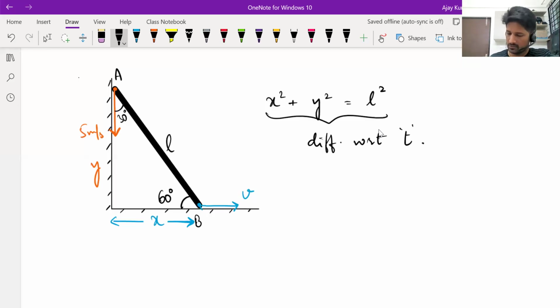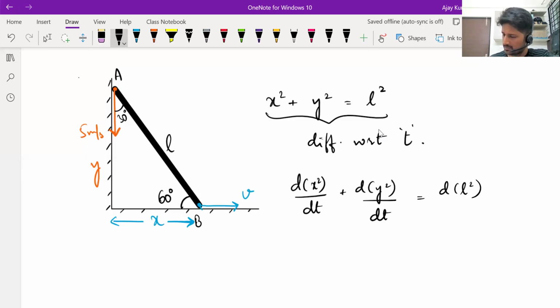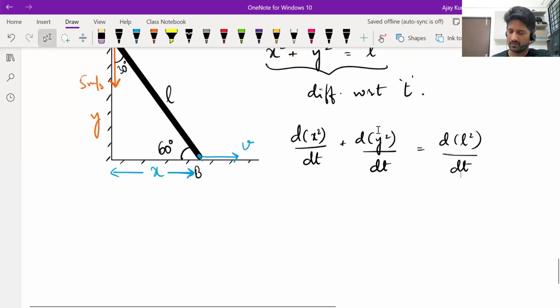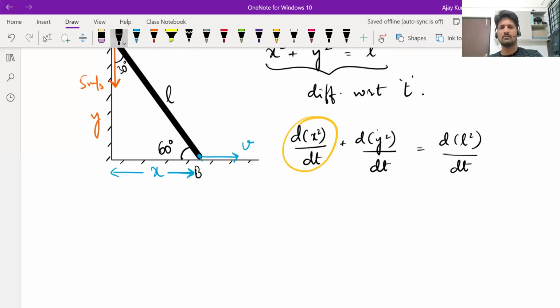The derivative of x squared with respect to time plus the derivative of y squared with respect to time will be equal to the derivative of L squared with respect to time, because x squared plus y squared is equal to L squared. Can any of you tell me what is the derivative of x squared with respect to time?